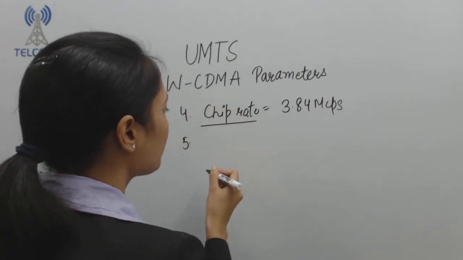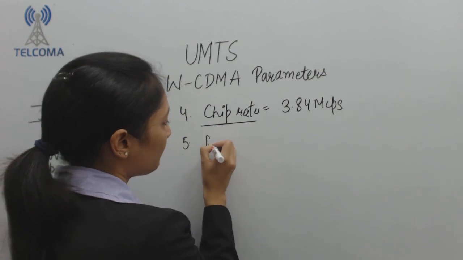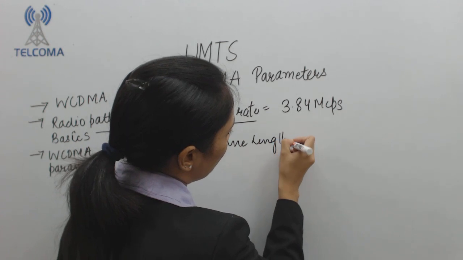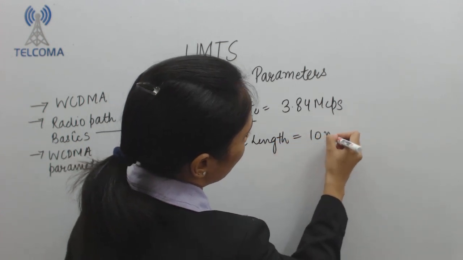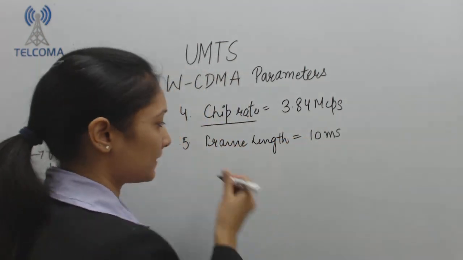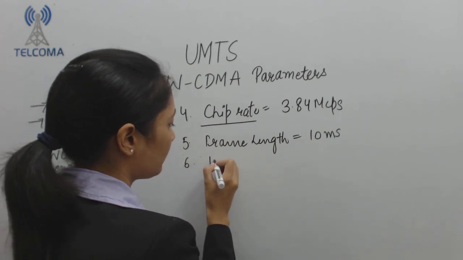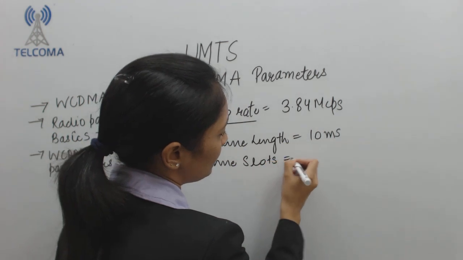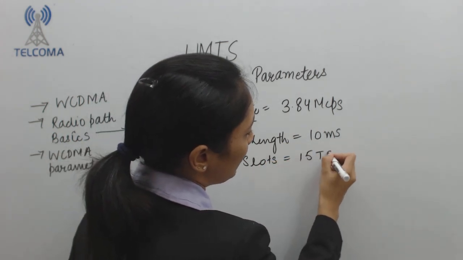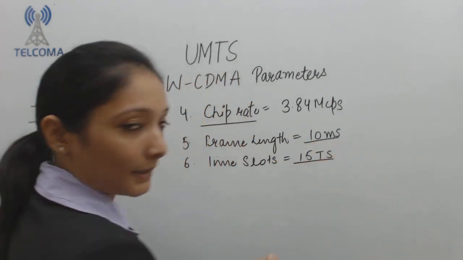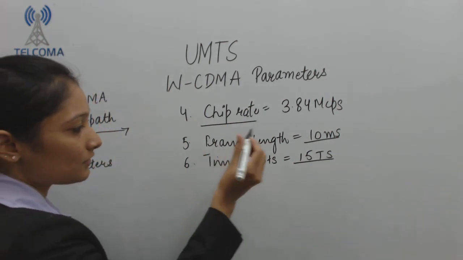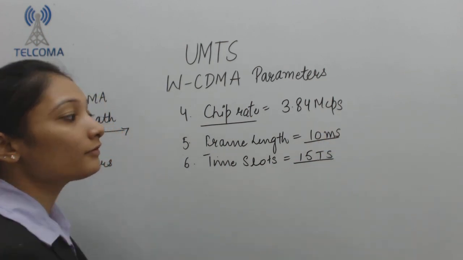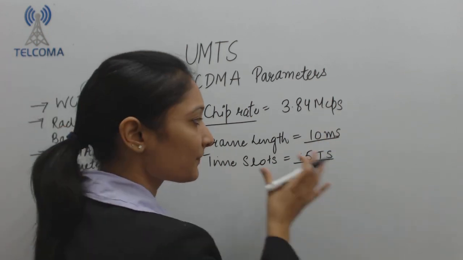Next parameter is the frame length. Frame length is here 10 milliseconds, and the number of time slots is 15 time slots per frame. Like in our GSM system, there were only 8 time slots, but here we have 15 time slots for the duration of 10 milliseconds of a frame.